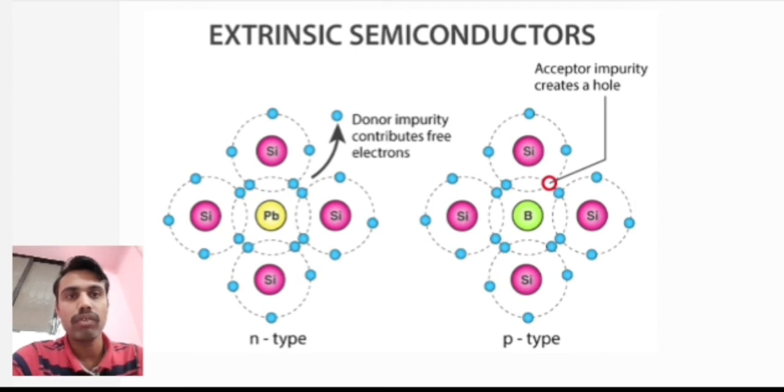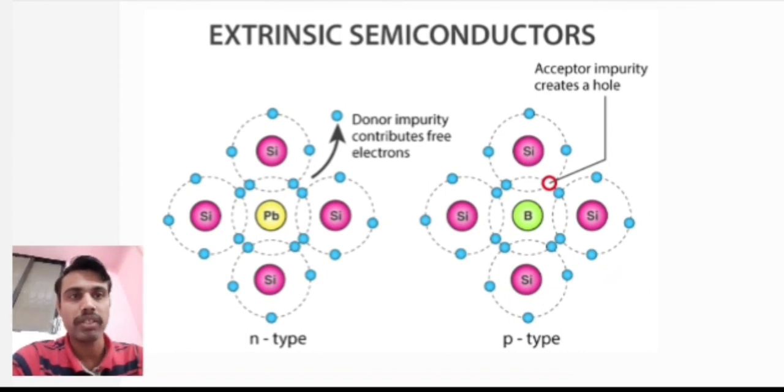The symbol of lead is Pb, which is shown at the center in the first diagram. So Pb is added as an impurity, and then one extra electron is left. That donor impurity contributes free electrons, and that free electron tends to constitute a current in the semiconductor structure.